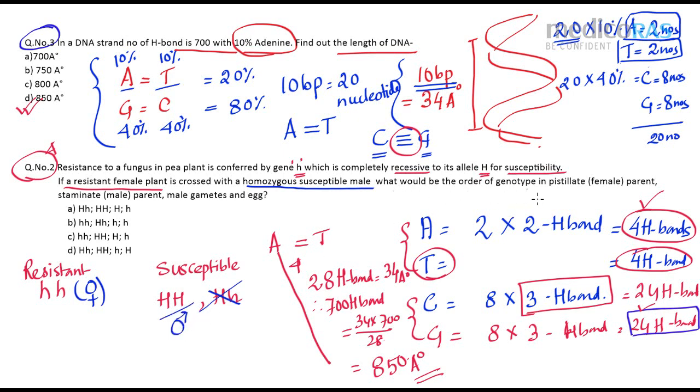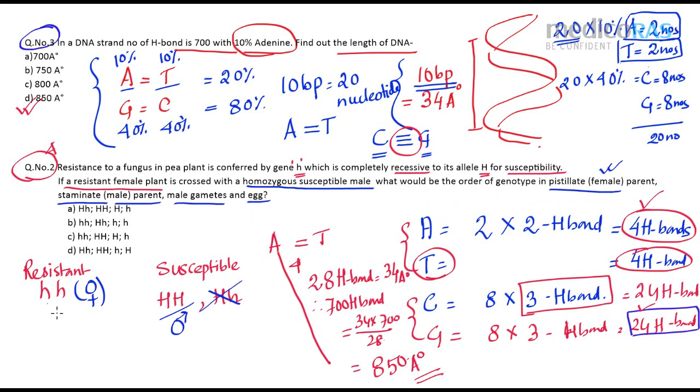Now, what would be the order of genotype in the pistillate female? Pistillate flower or pistillate parent means what? Female parent they are asking. And what will be the genotype for the staminate or the male parent, as well as the male gamete and the egg?